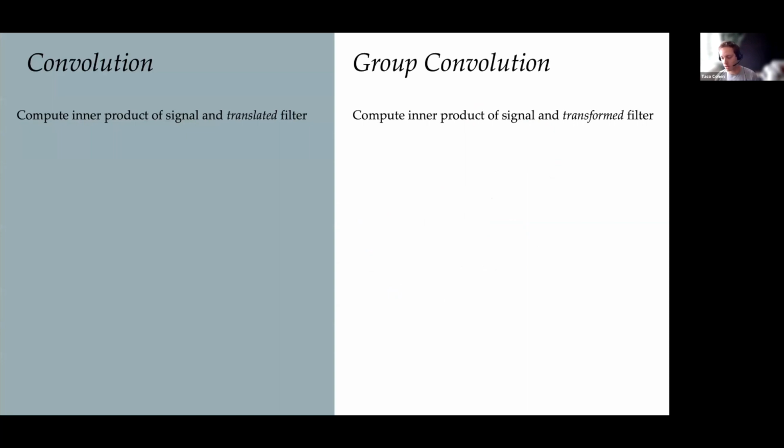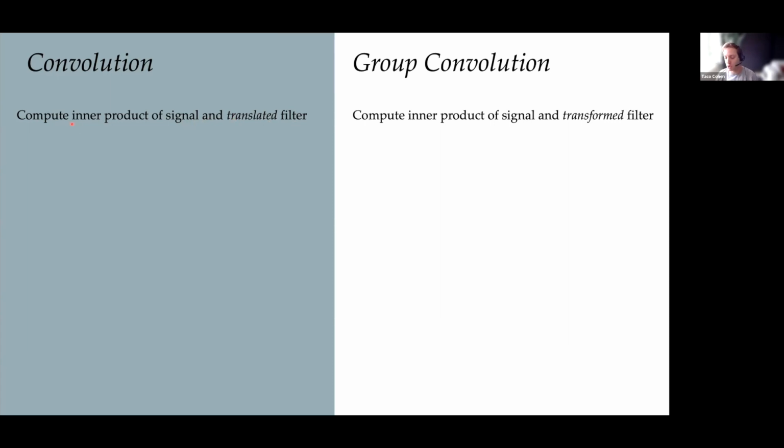All right, so let's try to understand mathematically how group convolution works. And let's do that by making an analogy to the usual translational convolution. So in translational convolution, the idea is, of course, that we have a signal, an image, say, and we have a filter, and we're going to translate the filter and compute an inner product.